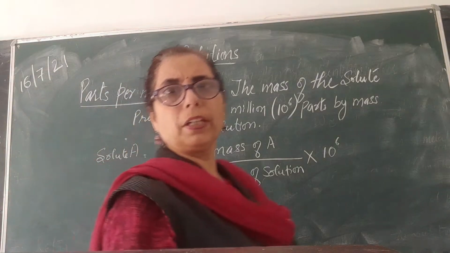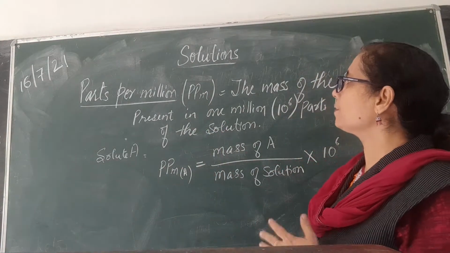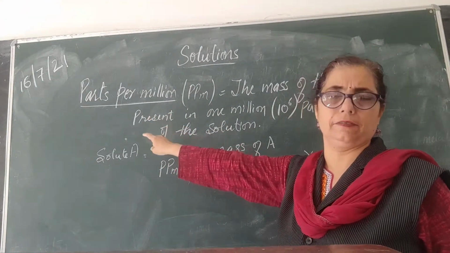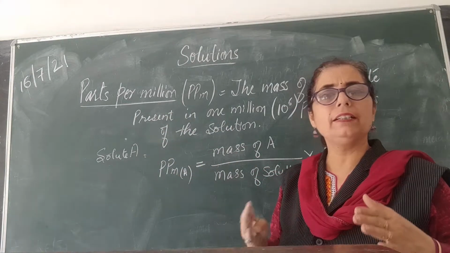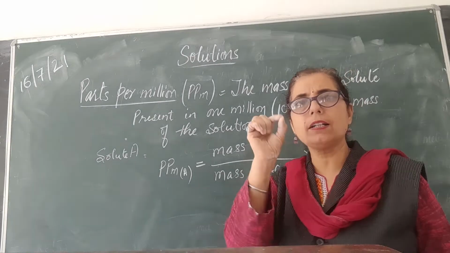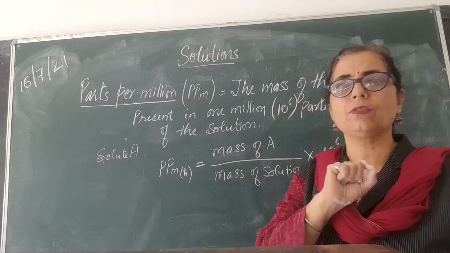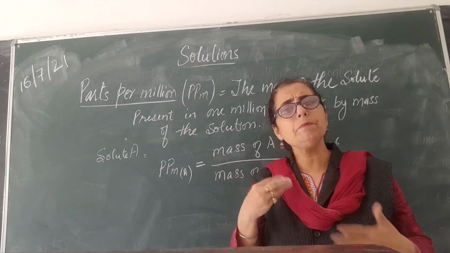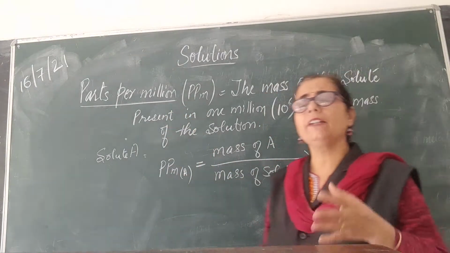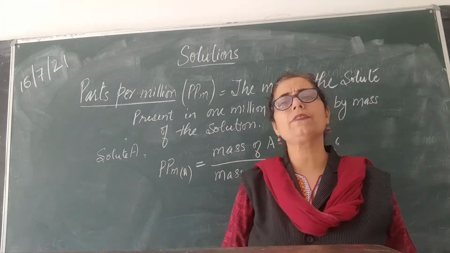The last topic that you have to see under concentration of solution is parts per million. As it says, parts per million means 1 part per 1 million. In another simple way, we can say that in a large amount of solution, only a very small part of solute is added.